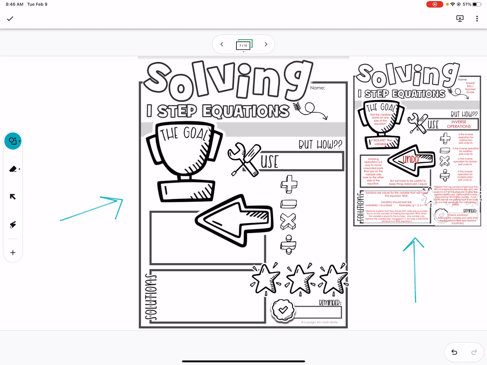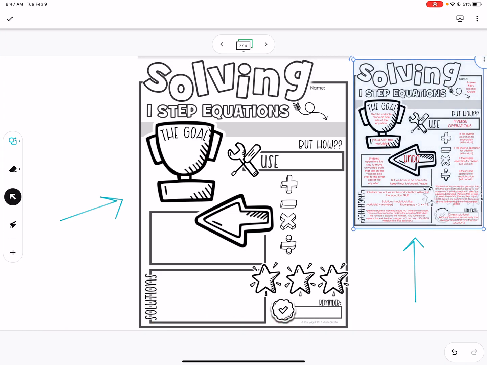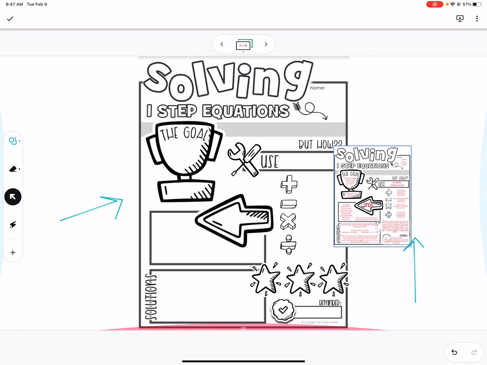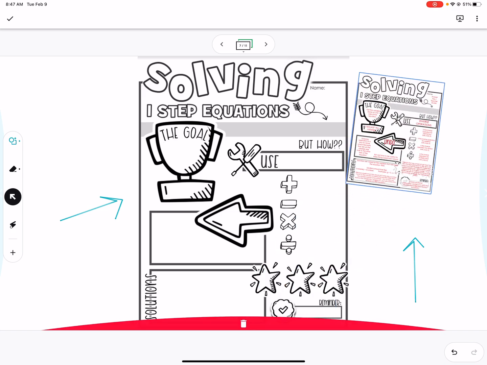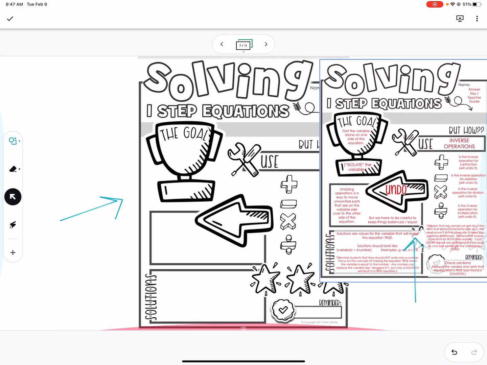Now, you don't have to write all of that down, but what I want you to look through is, solving one-step equations. If you want to put your name up there, go ahead. So the goal for solving one-step equations, and this sheet right here can be moved around. It can be zoomed in. It can be taken off. It can be deleted. Okay, so I'm going to zoom in a little bit.